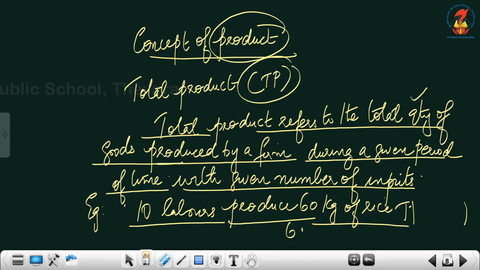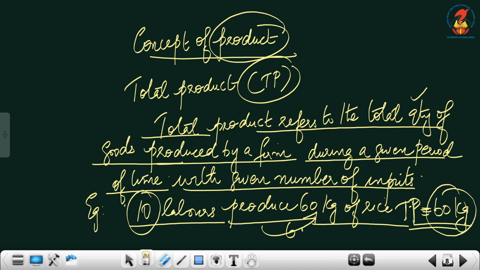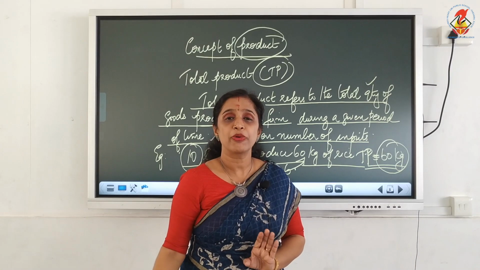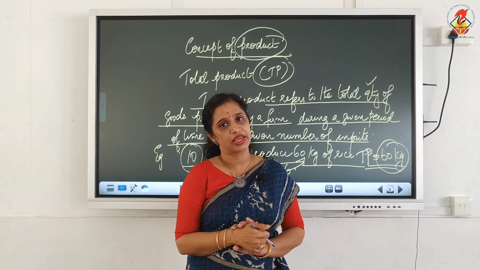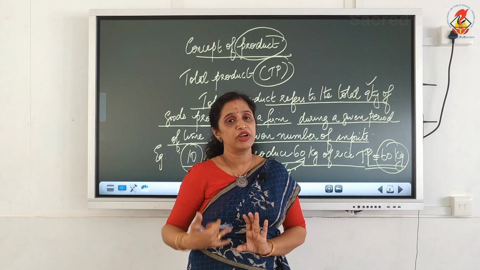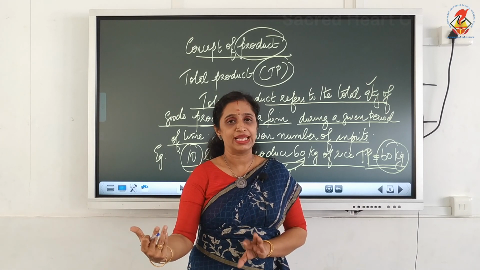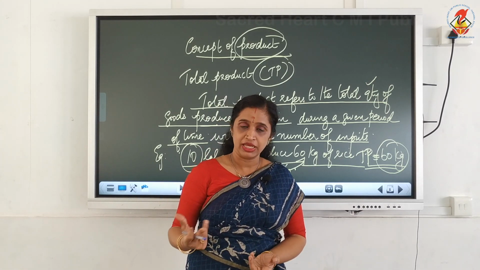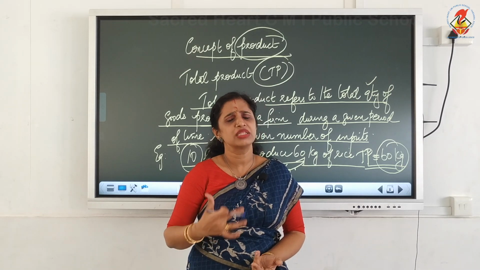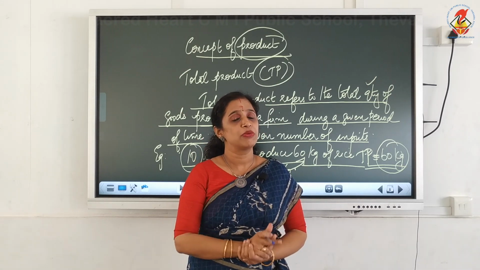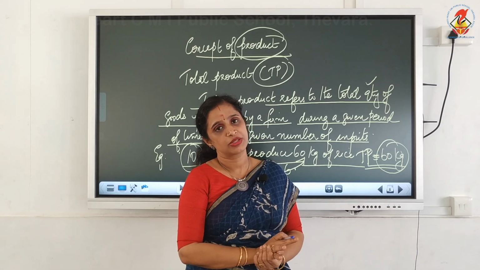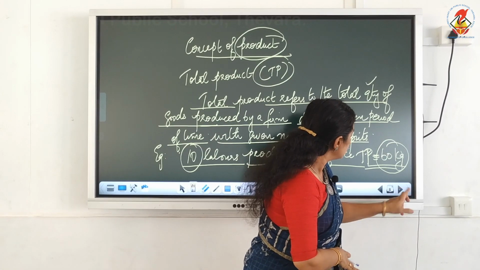So here the total productivity of the firm is 60 kg with the given input, with the given number of laborers and other raw materials. Only the laborers are specified here, 10 laborers. With the 10 laborers and other raw materials, a company is able to produce 60 kg of rice. So that is TP.